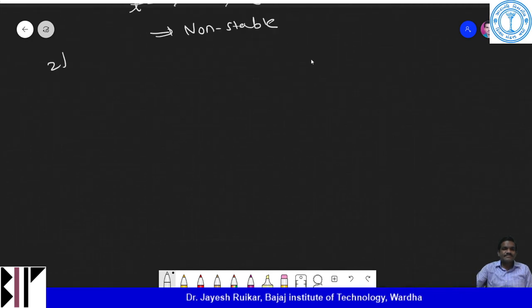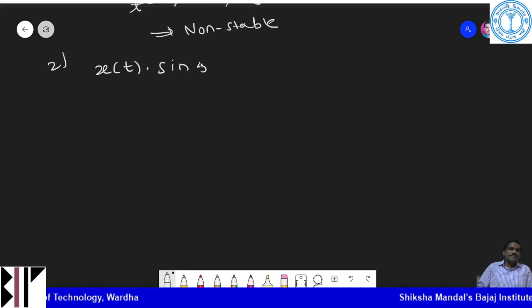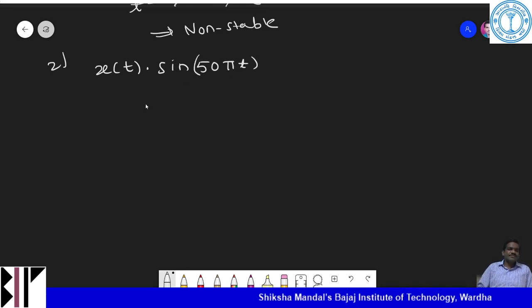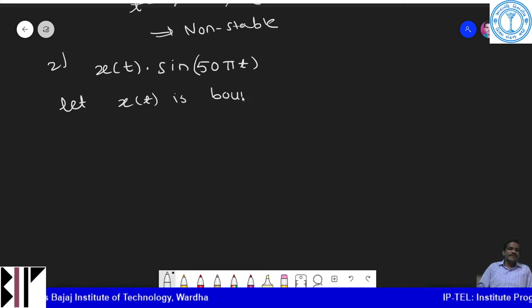Second example: y(t) = x(t) sin(50 pi t). Let us say x(t) is bounded.